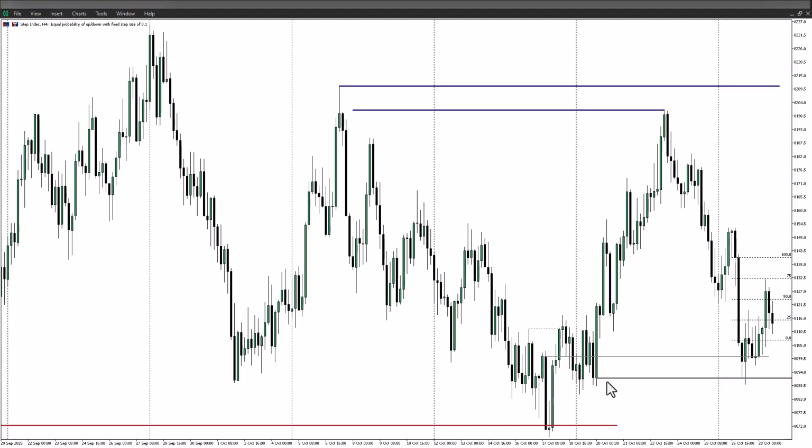It is also the opening price of the 20th, real sensitive right here. Price tends to print a lot of those algorithmic price signatures. It just tells you where the liquidity pool is. All right.